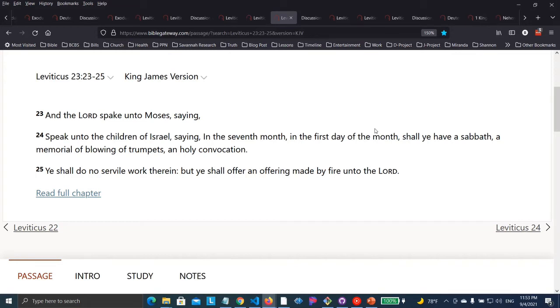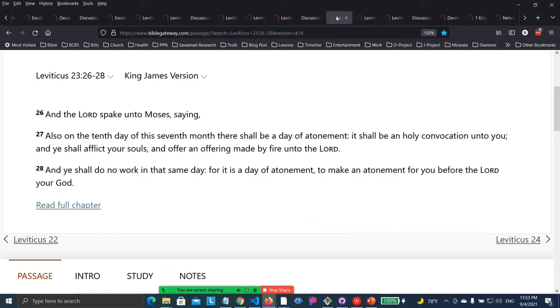The word may not get to them. They have to know ahead of time, before they cast their nets, before they start their work day, whether or not it is. Again, preferably before the sunset, but definitely by nightfall, they have to know. So therefore, now we're going to move on.